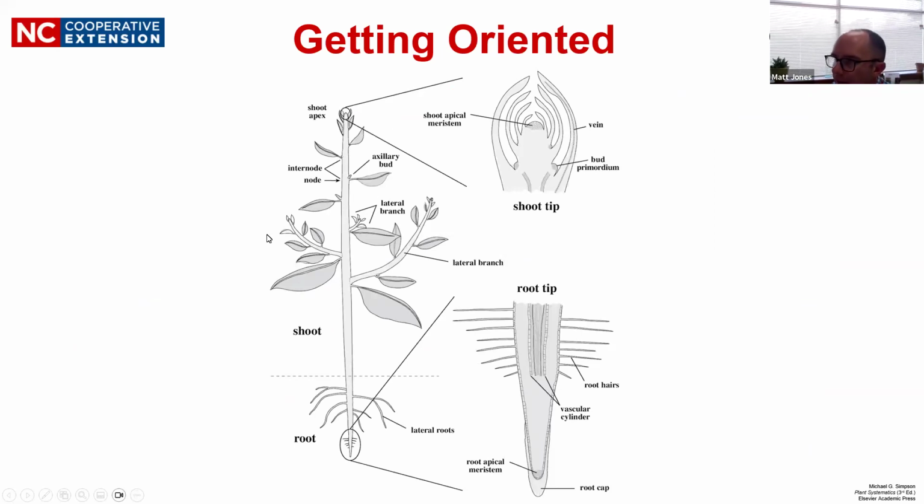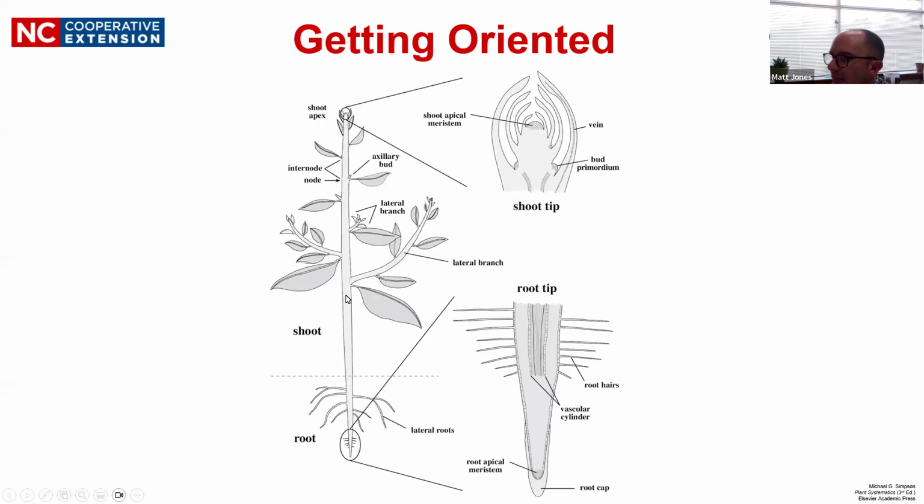Here's the whole plant body, and there are some terms to be aware of as we describe some of these subsequent parts. Typically the plant body consists of a shoot that transitions to the root at the root crown.